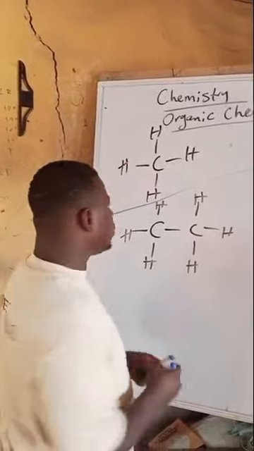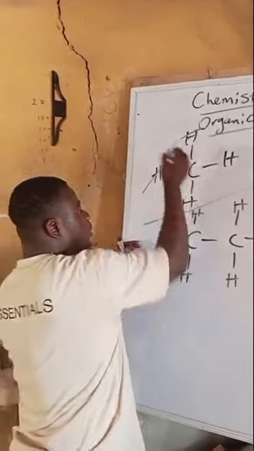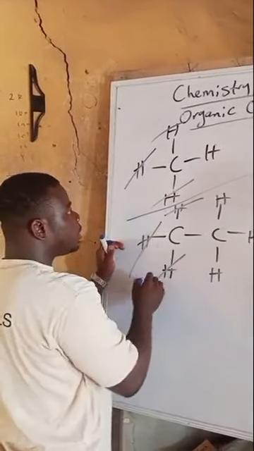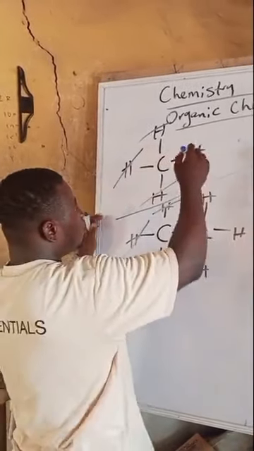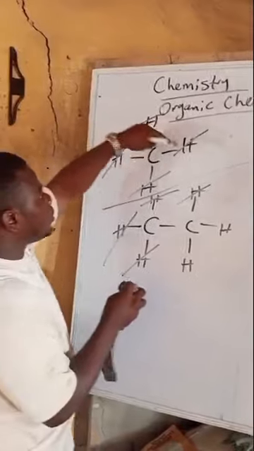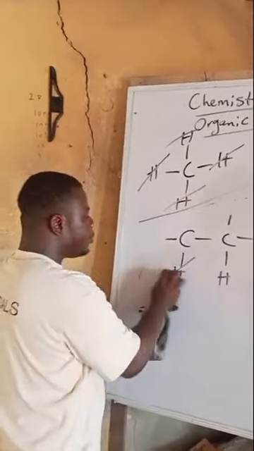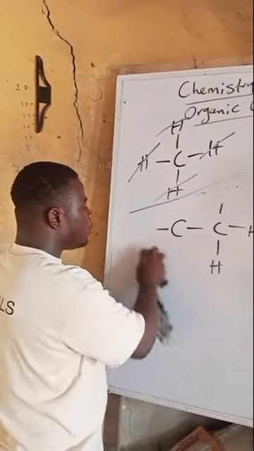Now, if we subtract one hydrogen from this, we subtract another one from this, and another. Now three is gone, and we subtract this from this. So automatically, if we subtract all these four hydrogens, four is gone.